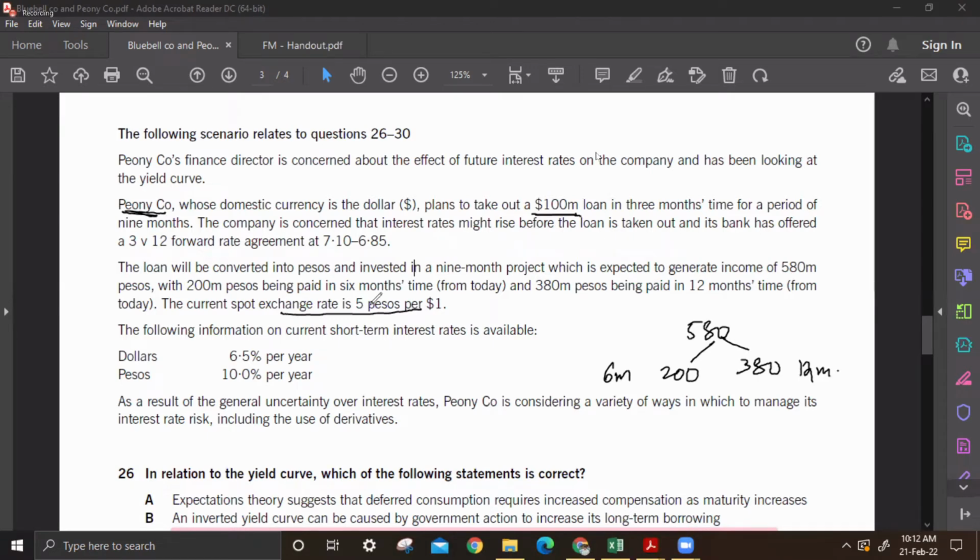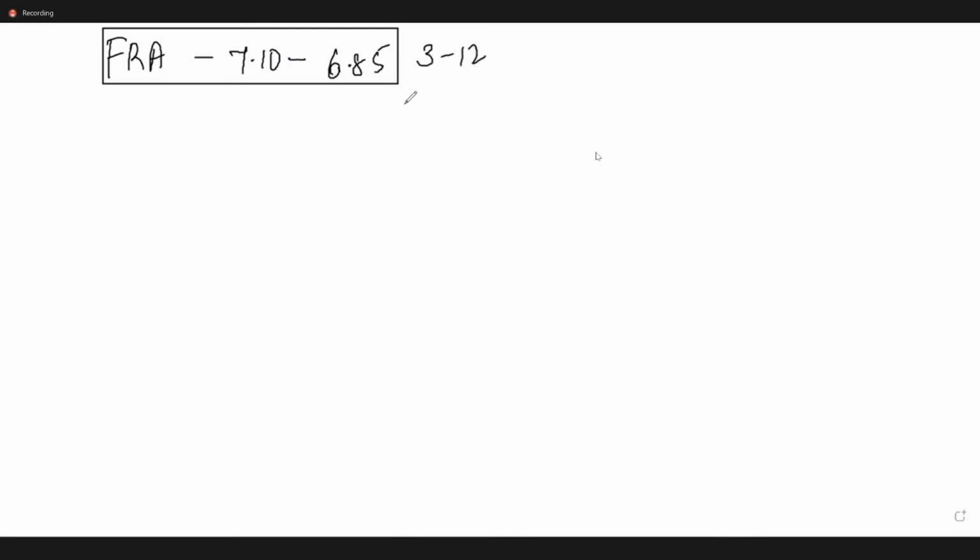Can anybody solve this problem? This one is the forward rate agreement, for a period of 3 to 12 months. What was the loan amount? $100 million.